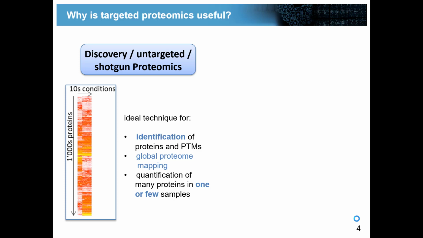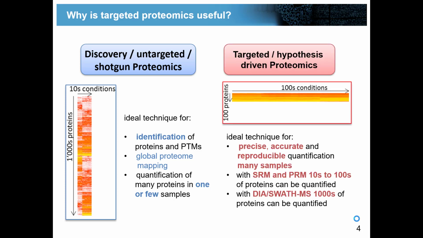And this often hampers nice quantitative analysis or statistical analysis of these large data sets. In light of this shortcoming, people started thinking about alternative ways to acquire the data, and that's when targeted proteomics came into play. Because with targeted proteomics, you can generate matrices that are more complete and have fewer missing values.